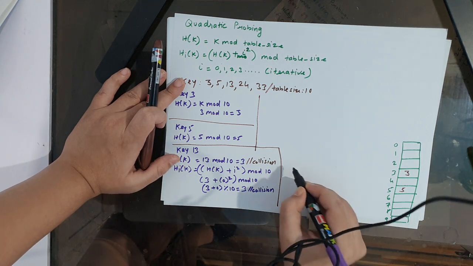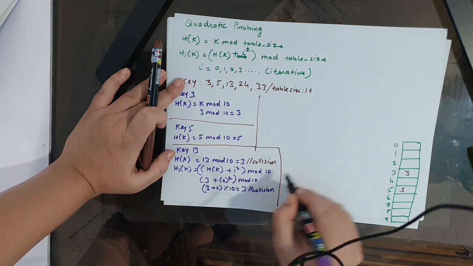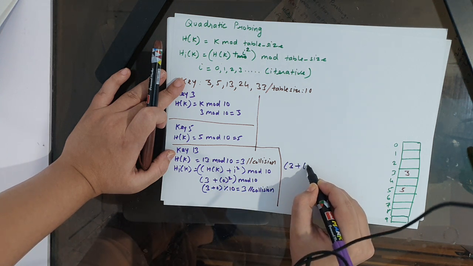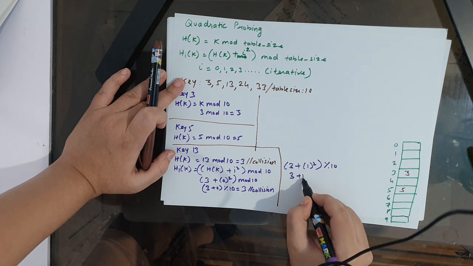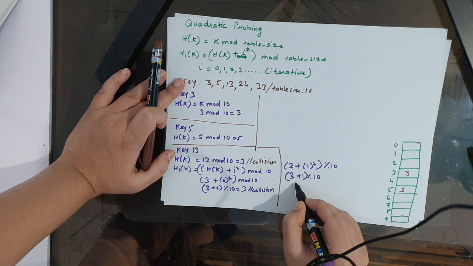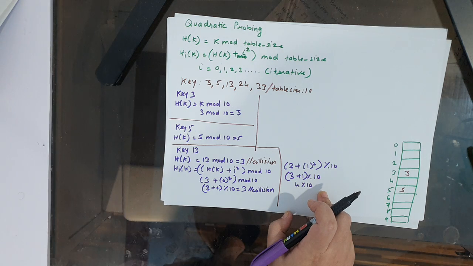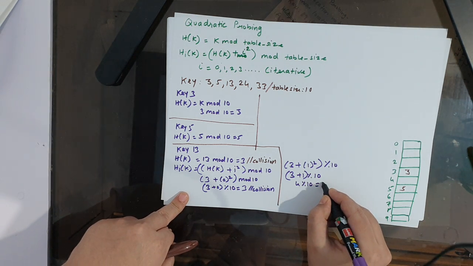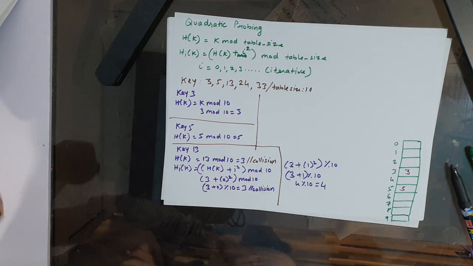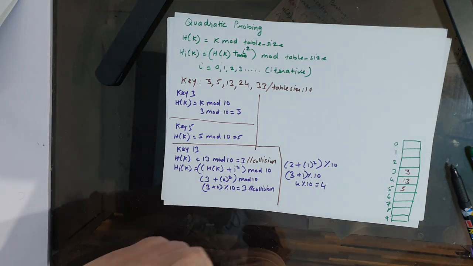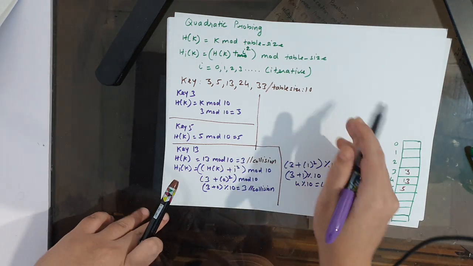So here we go. h(k) is 3, so 3 plus 1 square mod 10, which is 3 plus 1 mod 10, which is 4 mod 10. The answer is 4. Is 4 available? Yes, 4 is available. So we can store the data right there. Let's store 13 in location number 4.